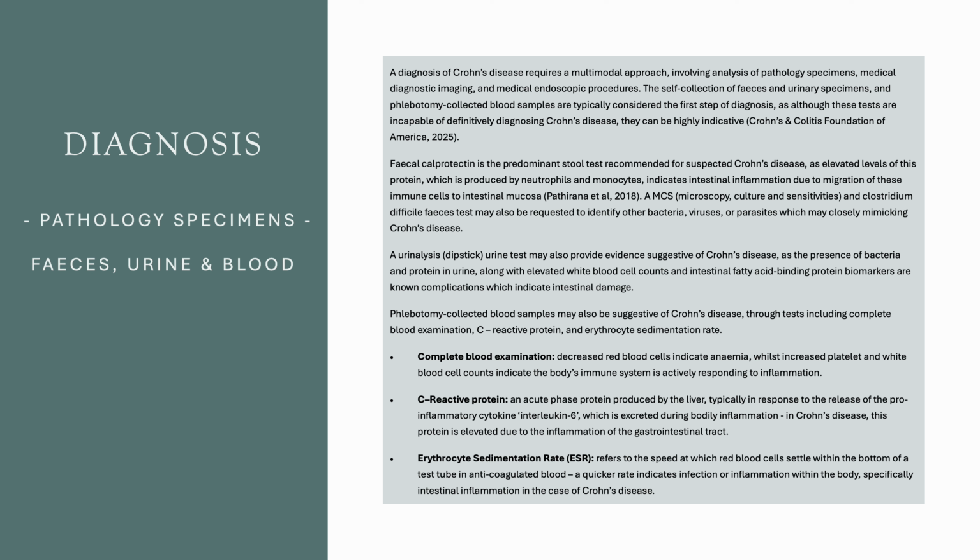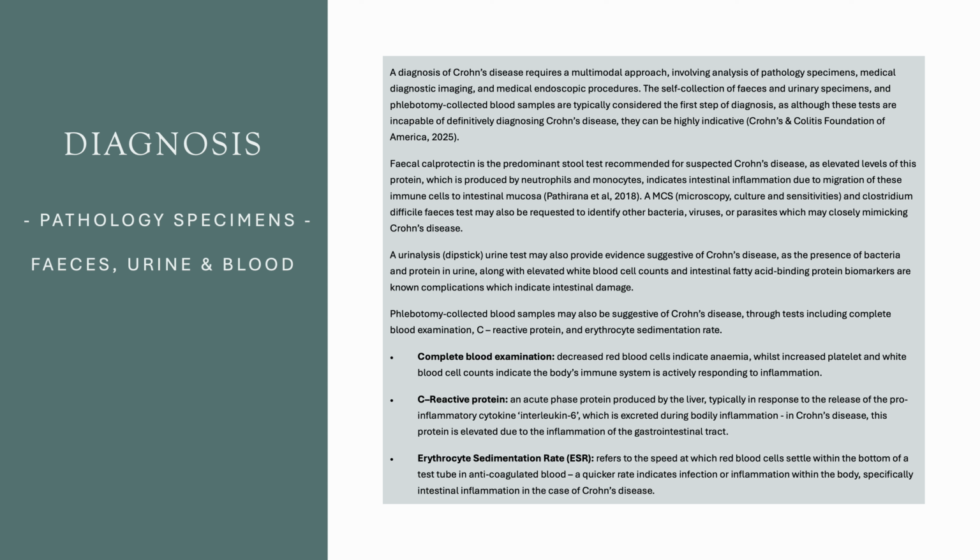Phlebotomy collected blood samples may also be suggestive through tests including complete blood examinations, C-reactive protein, and ESR test. Complete blood count shows decreased red blood cells indicating anemia, whilst platelet and white blood cell counts indicate the body's immune system is actively responding to the inflammation if increased.